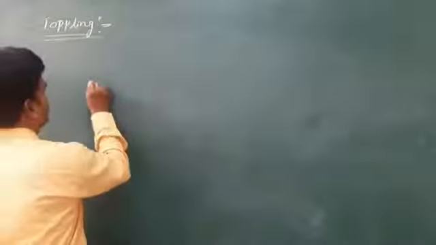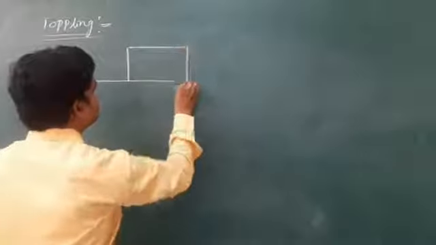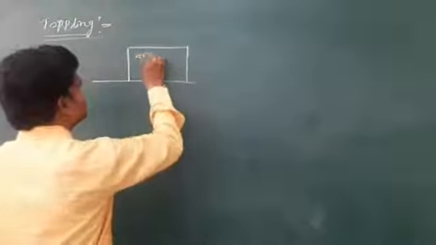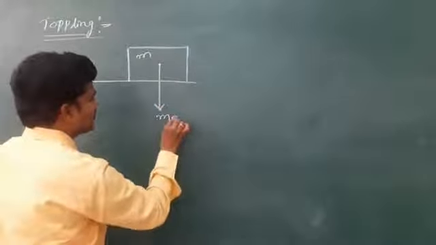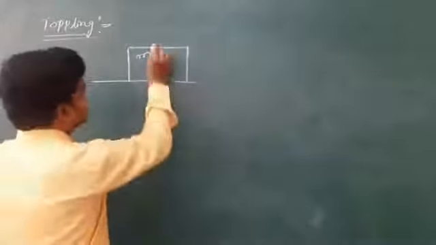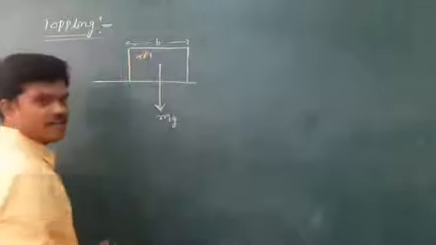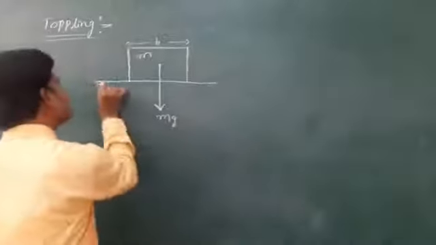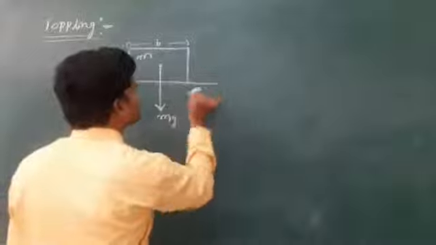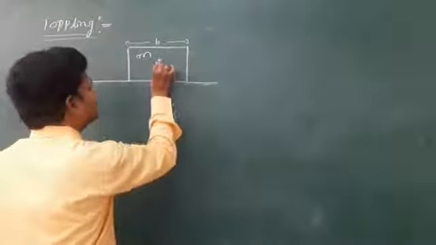Let us consider a block whose mass is m. No doubt the weight of this block always acts vertically downwards. Let us suppose this side is B, and initially the block is placed on a surface with sufficient friction, then no doubt the normal reaction will be acting in this direction.